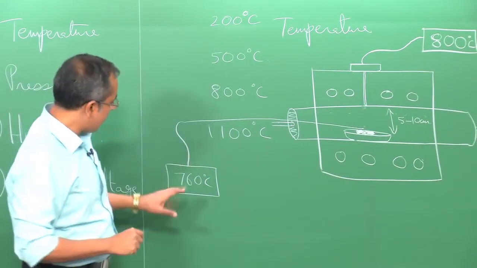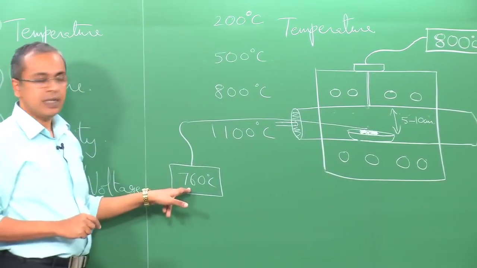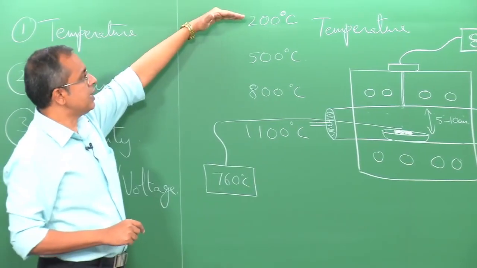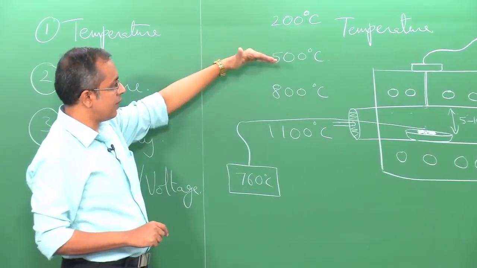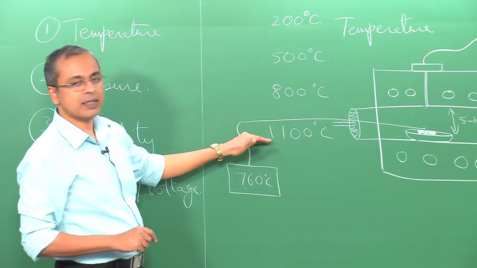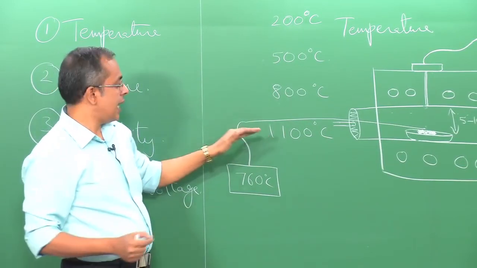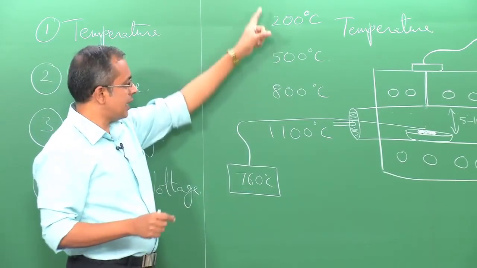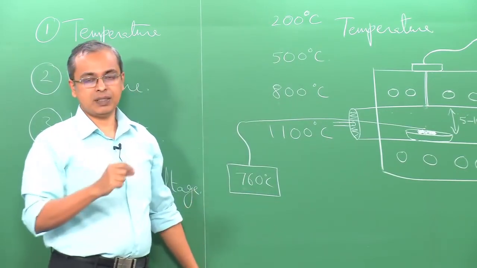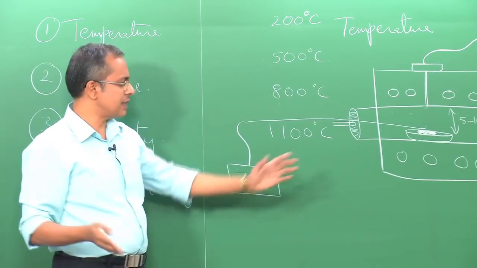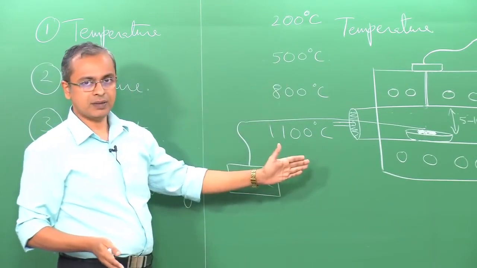So with this additional thermocouple, I can confidently run my experiment at 200, 500, 800, or 1100 degrees C. The margin for error is very minimal now, and with much greater confidence I can see the trend in the behavior of some property of that sample as a function of temperature.